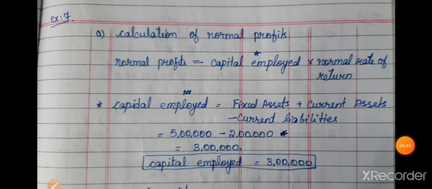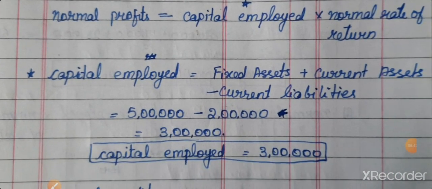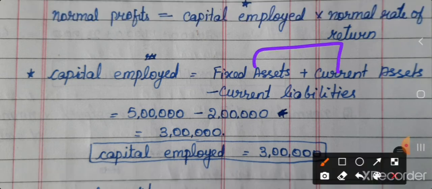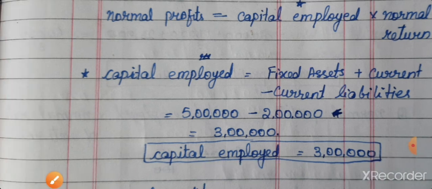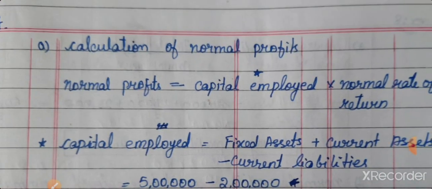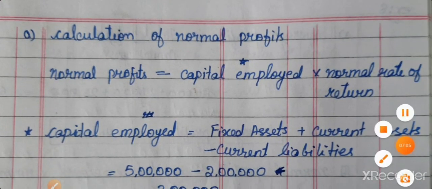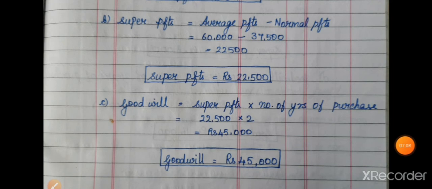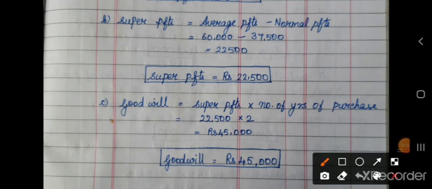Now look at the solution. Capital employed is equal to fixed asset plus current asset, that is total asset, minus current liability, which is given in the problem. You find out the capital employed. Now super profit is equal to average profit minus normal profit.